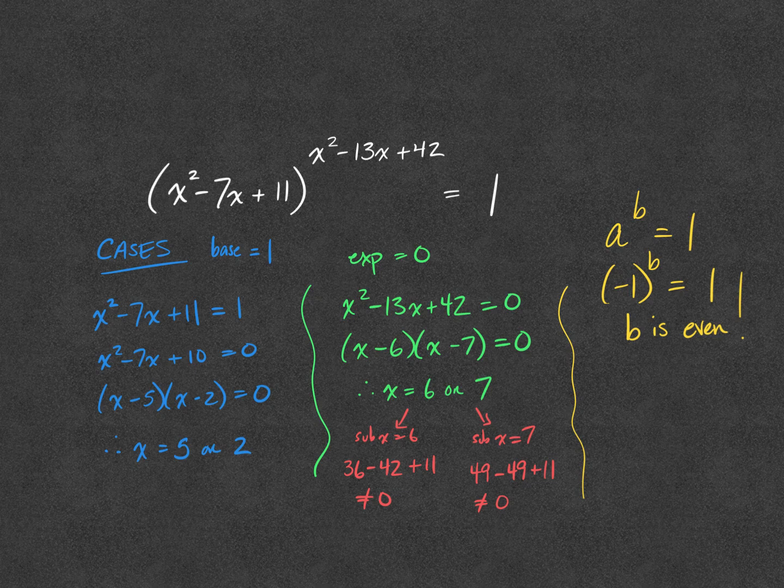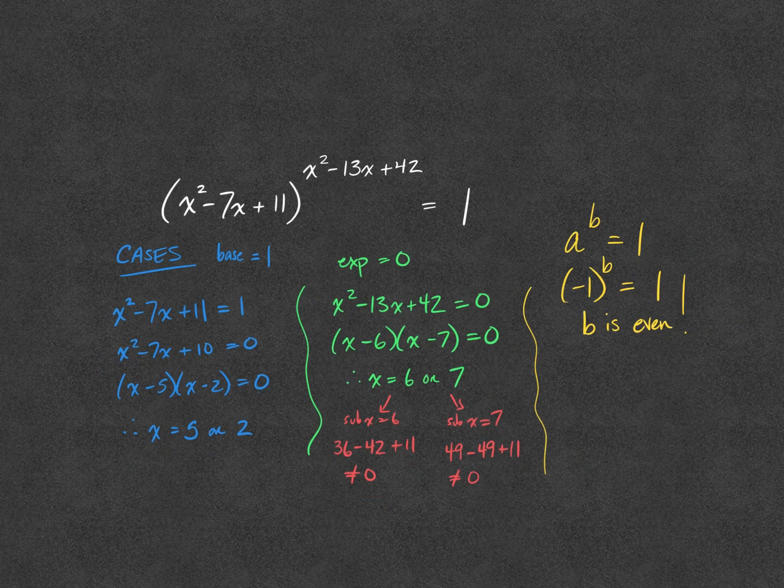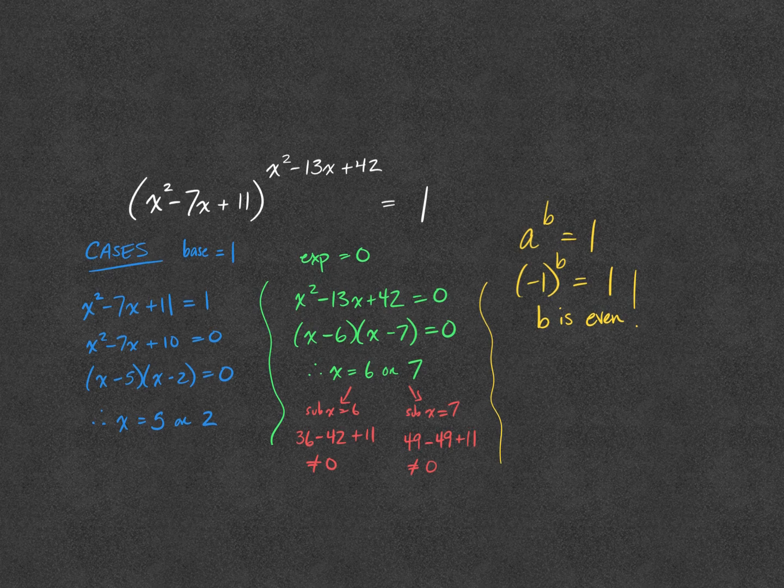So we have another instance that maybe we didn't consider. I'm going to shrink that down a little bit and get rid of everything I just wrote. We're now going to examine, what if my base is -1? I need an even exponent.